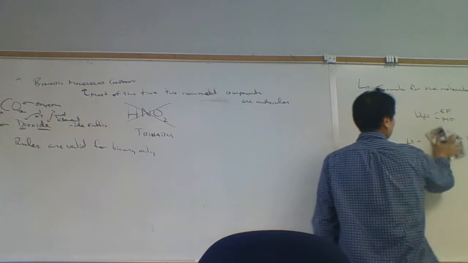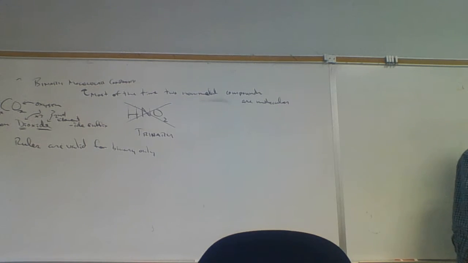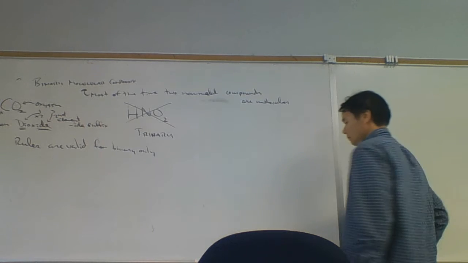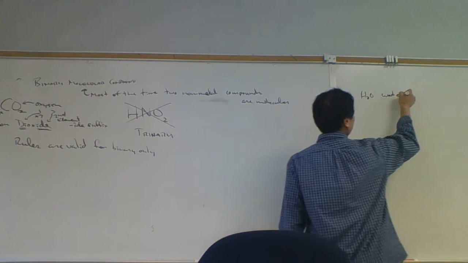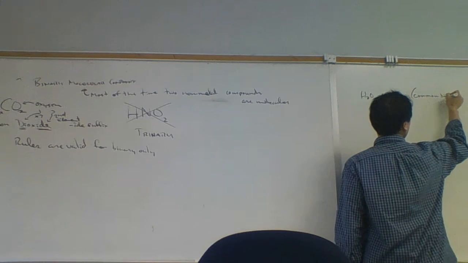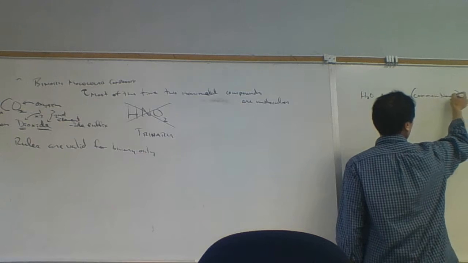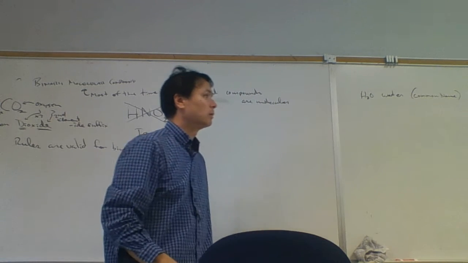And so let's use the rules to name some of these things here. Water is its common name. H2O is water. Water is what we call the common name. This is based on historical precedent. Everybody calls it water.